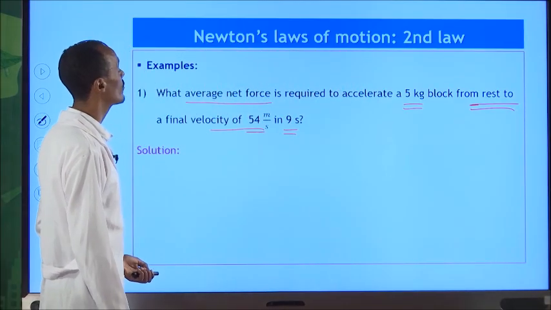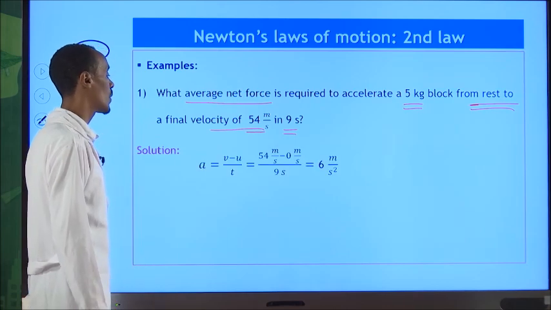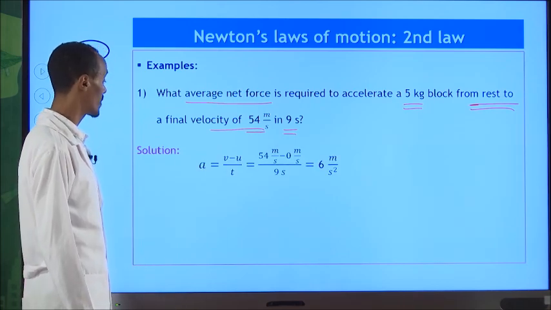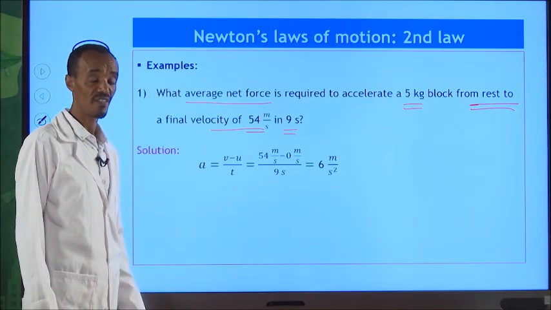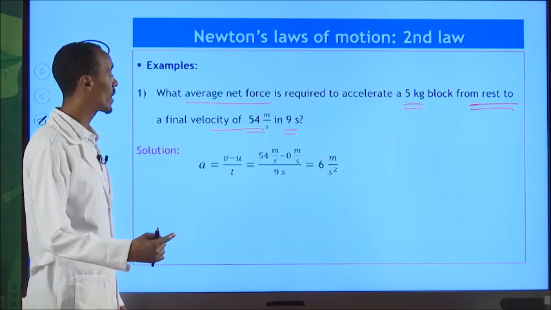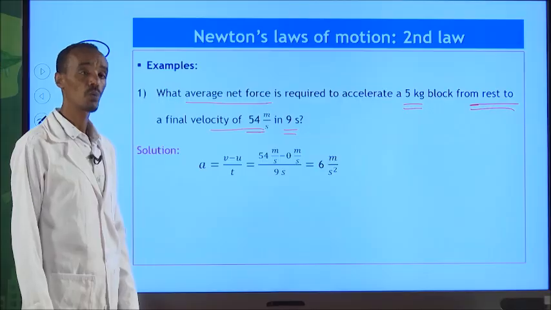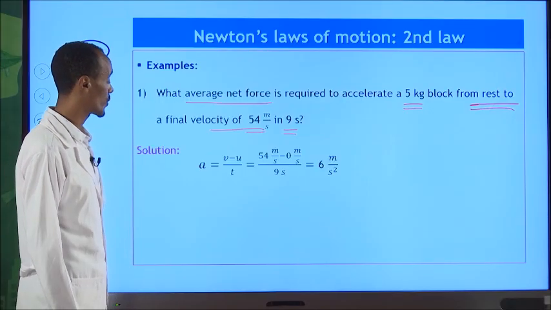So having this information, you can easily calculate the acceleration of the object first. You are asked to calculate the average net force, but to calculate the average net force, we need the acceleration.